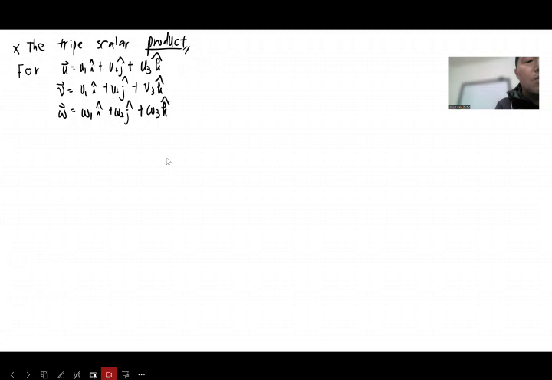So if you do the triple scalar product, which is u dot product times v cross product w, then that should be expressed with the matrix form again. That is u1, u2, u3 in the first row, and v1, v2, and v3 in the second row, and w1, w2, and w3 in the third row.